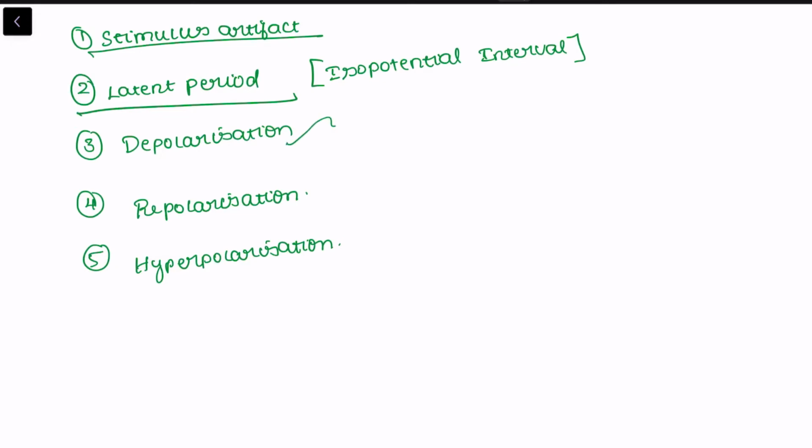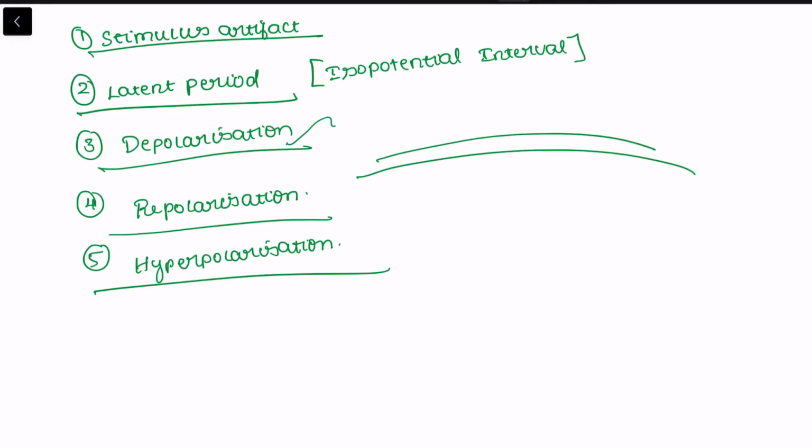And the important concepts are depolarization, repolarization, and hyperpolarization. What happens in the depolarization state is, we all know the cell membrane contains different receptors, channels, pores and all. So here let's consider this cell membrane is containing sodium channels and potassium channels.